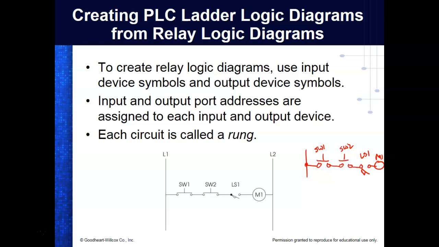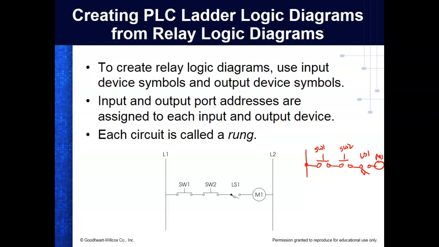Each circuit, and the book keeps getting this wrong. The book does not understand the difference of what a rung is. Anybody know what a rung is in ladder logic? A rung is a circuit drawn between what we call L1 and L2.